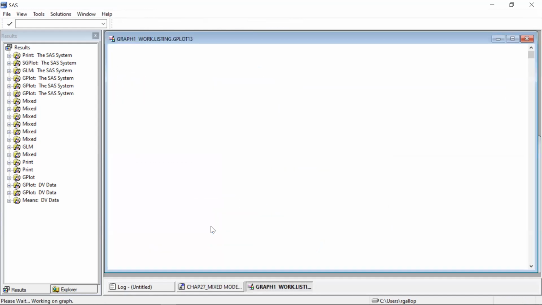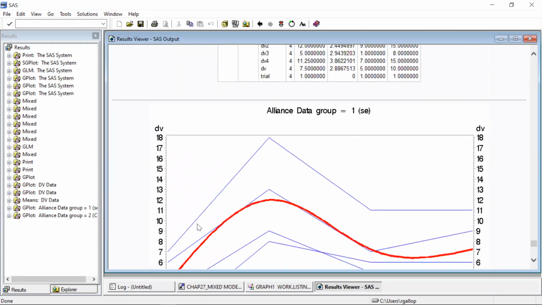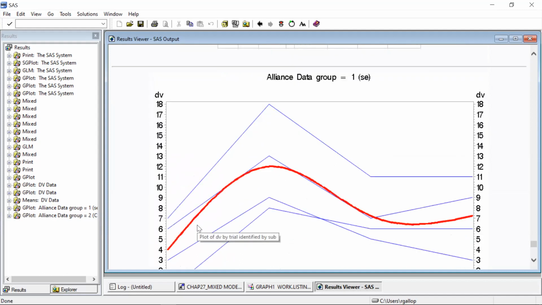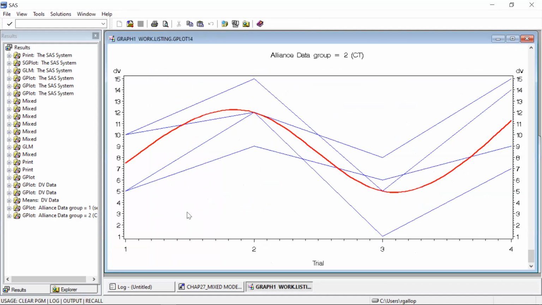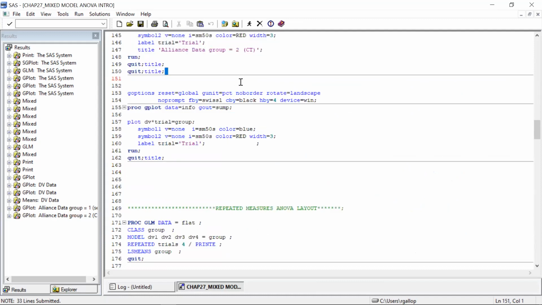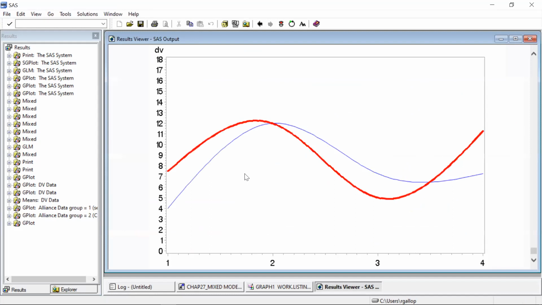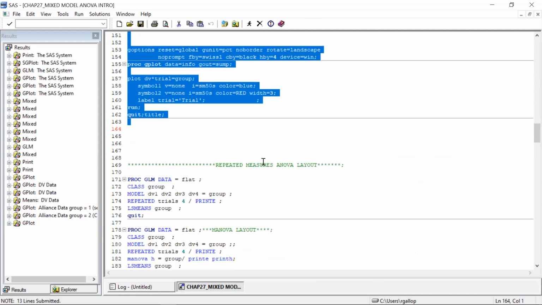These 2 plots are giving us separate plots for intervention 1, which is supportive expressive, and intervention 2, which is cognitive therapy. This is showing us 2 smooth graphs. I don't know if we're going to have a group by time interaction. I think we're going to have a time effect, but I don't think a group effect or group by time interaction.